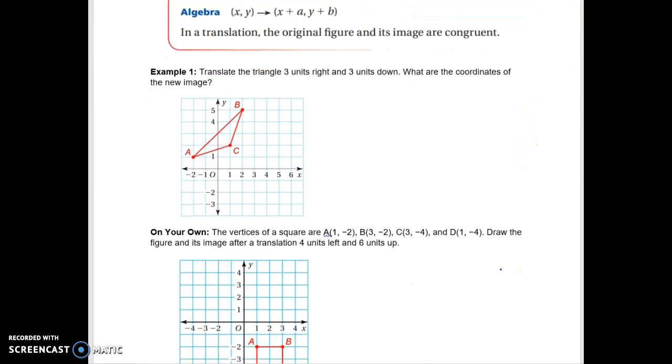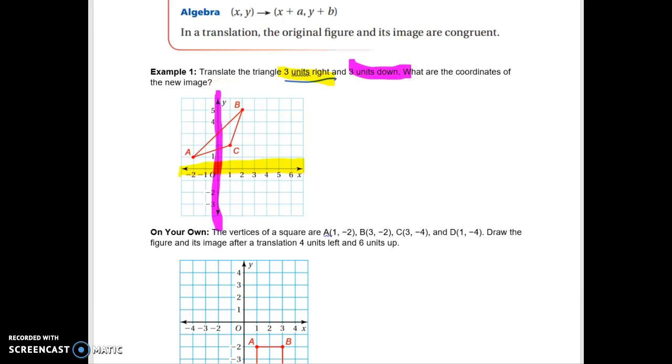So let me show you how to do this first one. My first one says I'm moving 3 units to the right. When I move left and right, that's my x-axis. When I move up and down, that's my y-axis.